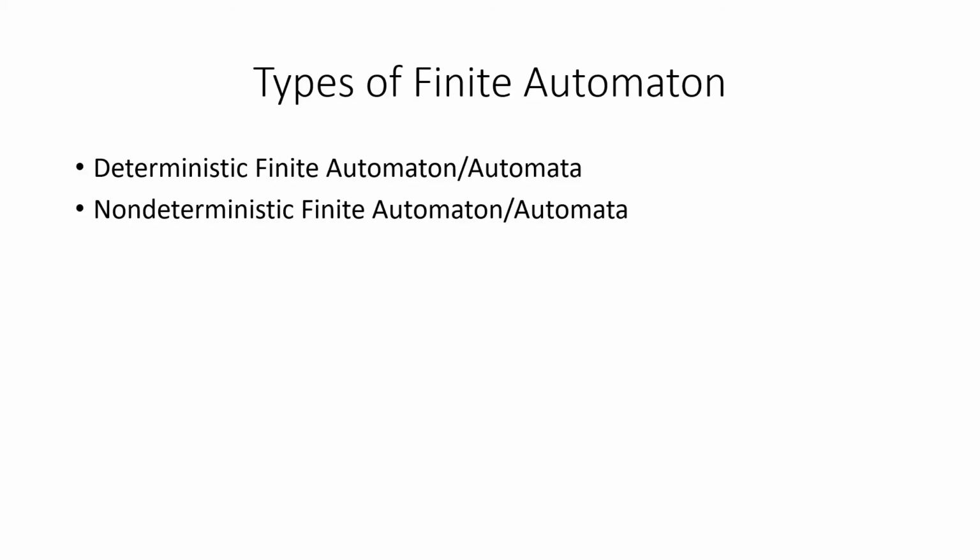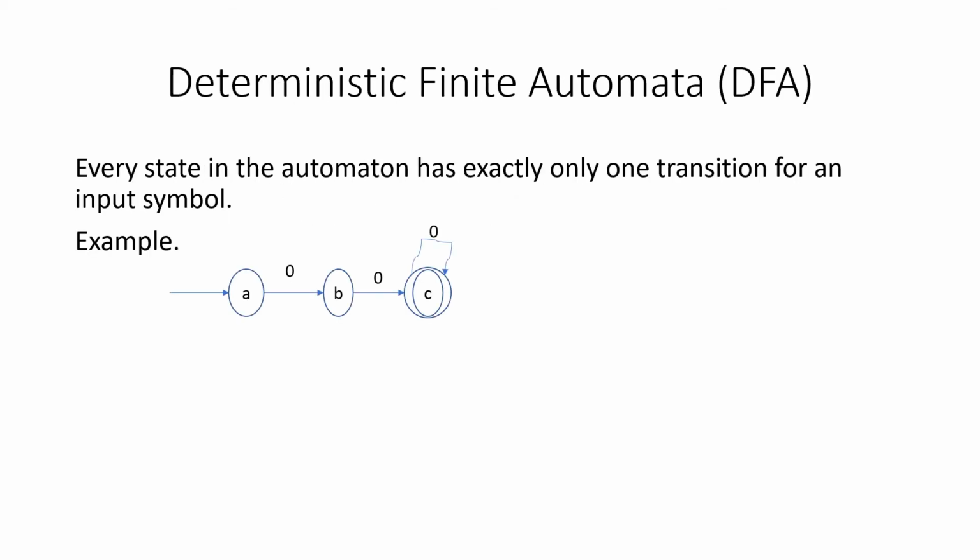There are two types of finite automaton: one is the deterministic finite automaton and another is the non-deterministic finite automaton. In a deterministic finite automaton, every state in the automaton has exactly one transition for an input symbol. For example, when we observe this transition diagram, it is understood that A is the starting state while the state C is the accepting state. We have a transition from state A to B on the input symbol 0.